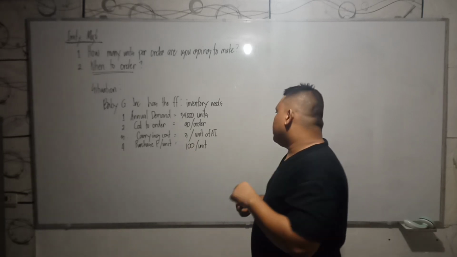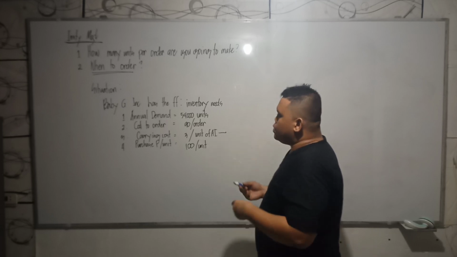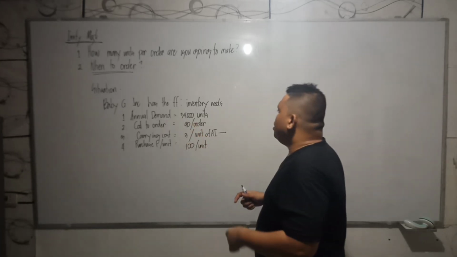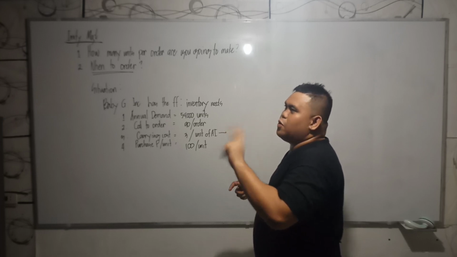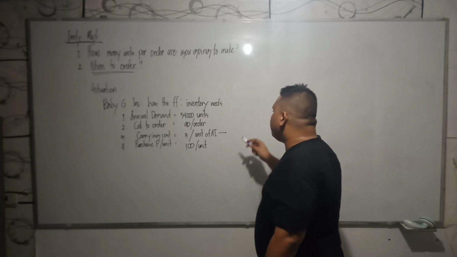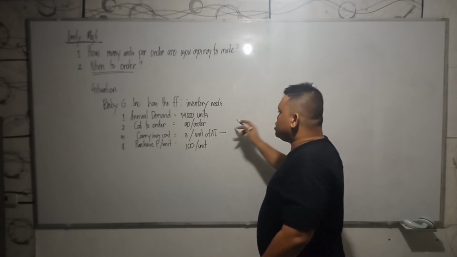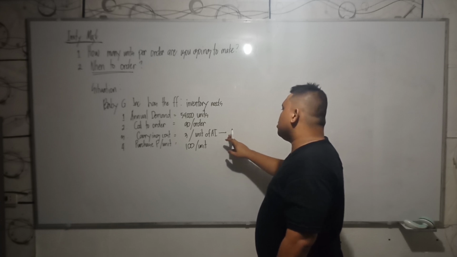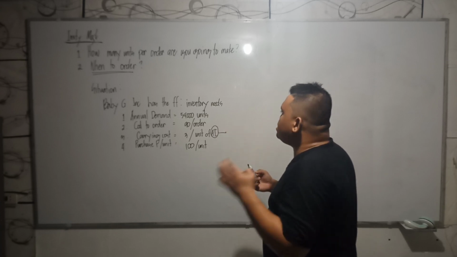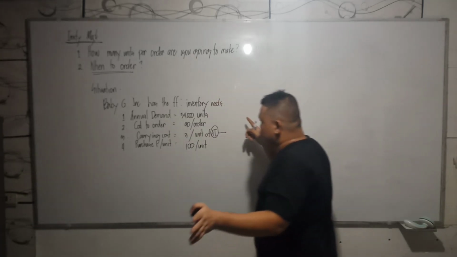Now, here's the catch. How do we compute the carrying cost? For example, you decided that for the 54,000 units, you will order only twice a year from your supplier. That would mean you have 27,000 units per order, because the carrying cost is multiplied against average inventory, and average inventory is based on how much you order per order.